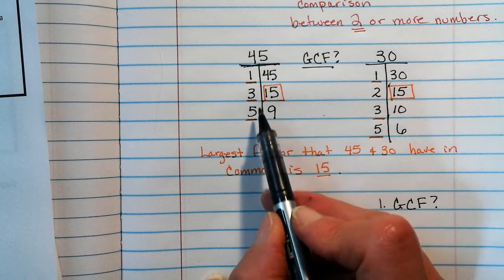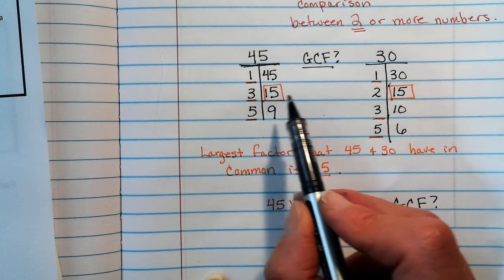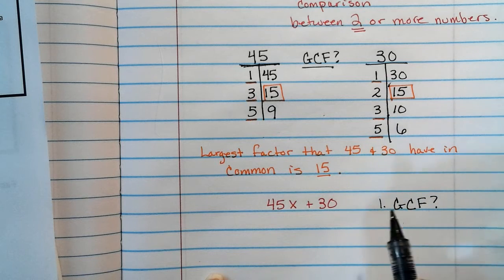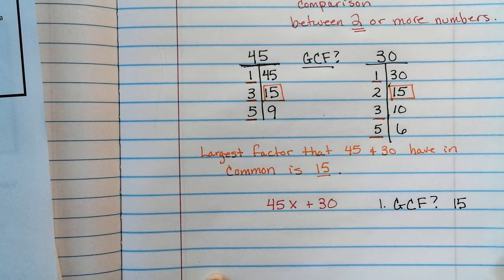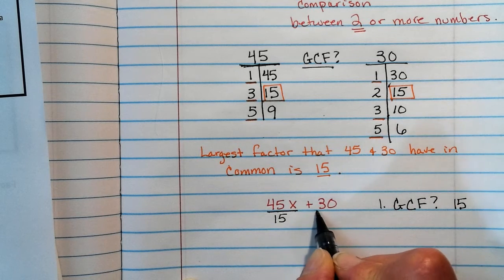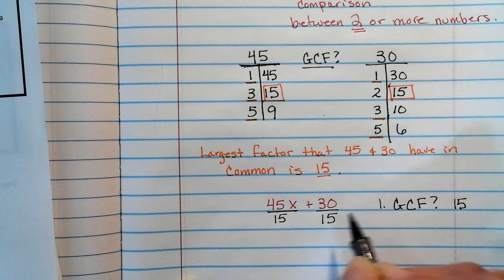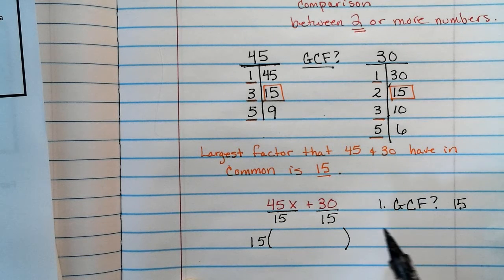So I went and I did my factoring tree, just regular factors, and I found out they have 15 in common. So the greatest common factor is 15. So what am I going to do with that information? I'm going to put 15 outside of the parentheses. Notice it went out.